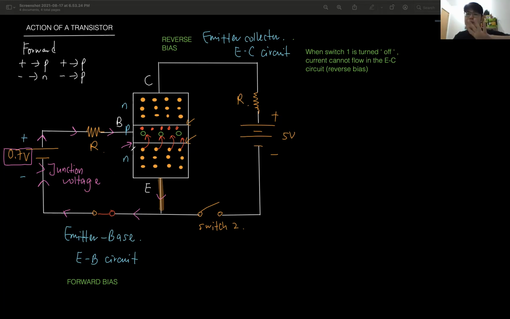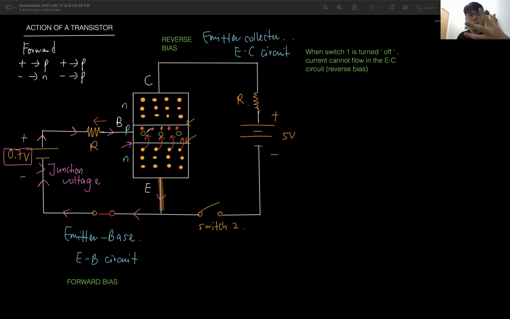Out of these 5 electrons, 3 will fall inside the holes, and when the electrons fall inside the holes, they will come out from this circuit here, come up from the base circuit, and then go to the positive plate. That process is recombination, right? We say the electron has recombined with the hole, and then it goes into the circuit.